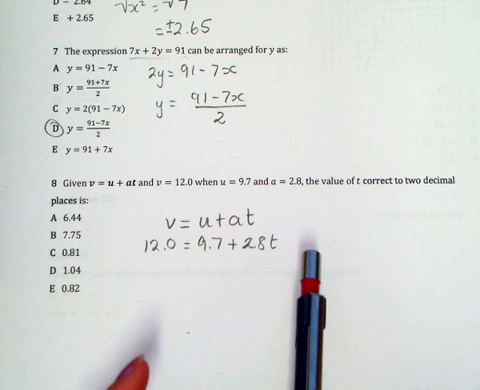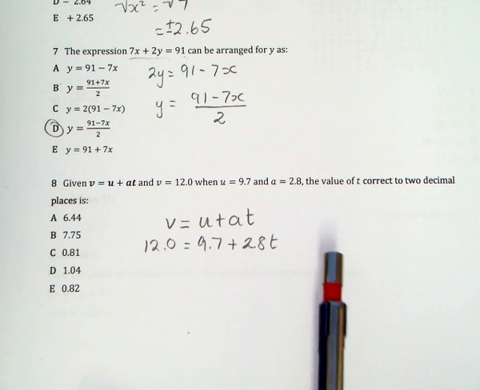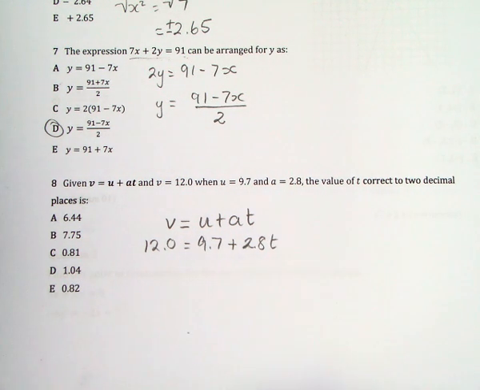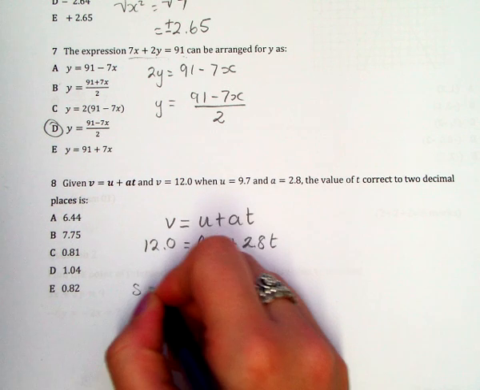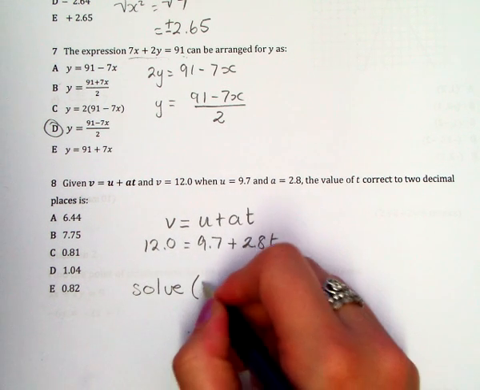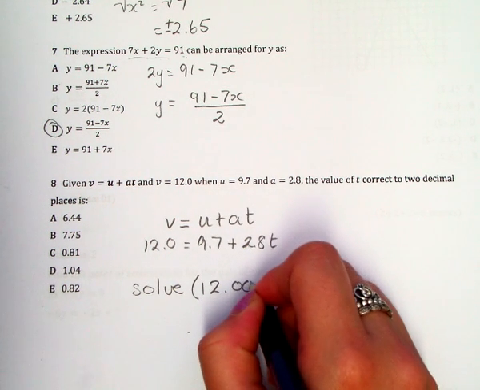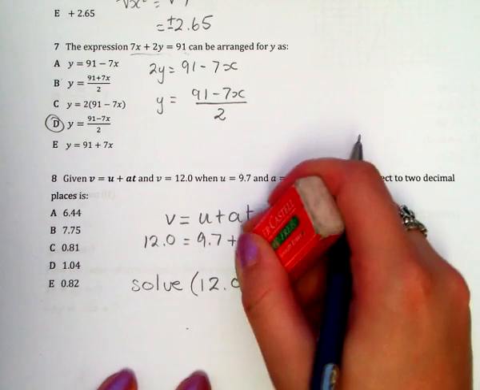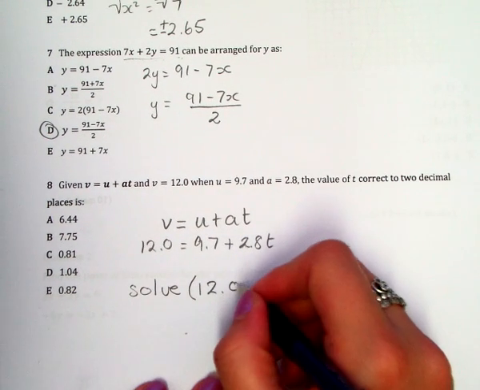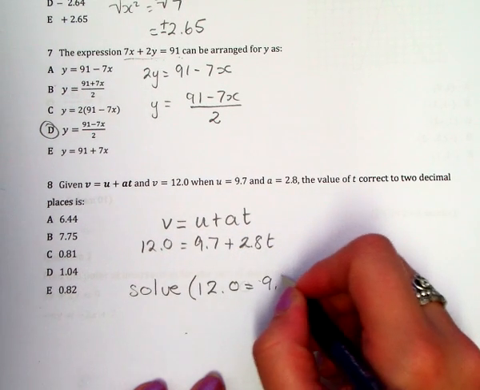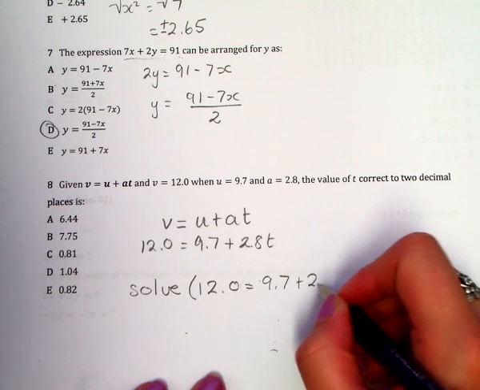Now that we've gotten to this point, what we need to do is solve for that value t. From this point, you are very much able to use the solve function on your calculator or to calculate by hand. I'll use the solve function again for this one to make sure that we're getting practice.